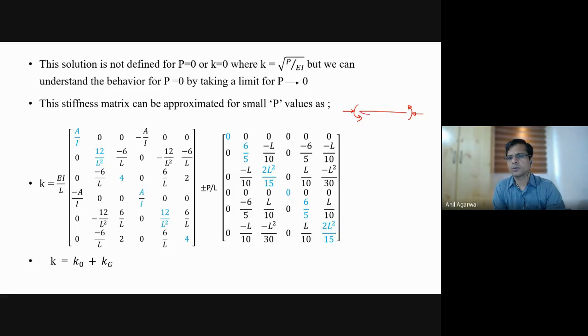Because of these moments, the member deforms this way. In addition to that, there is P also applied. So because of P, this will be amplified. If this P was not very large, or the member deformations were not that large, then P's effect on this deformation, the secondary moment, could be ignored, and this stiffness matrix was sufficient.